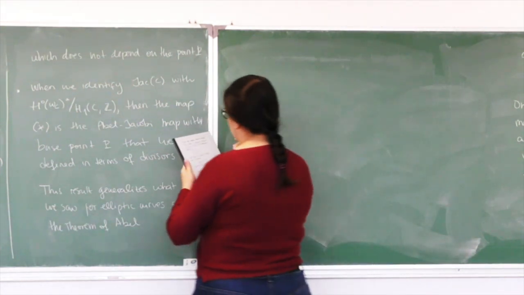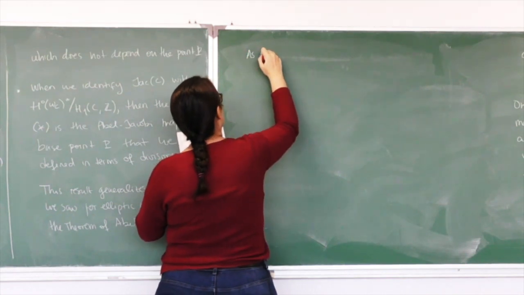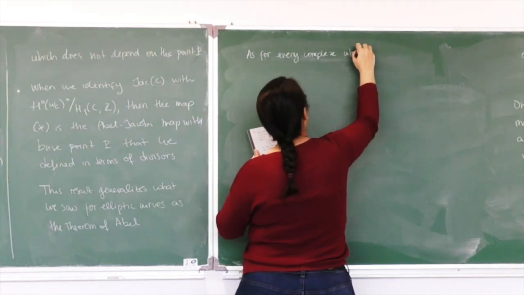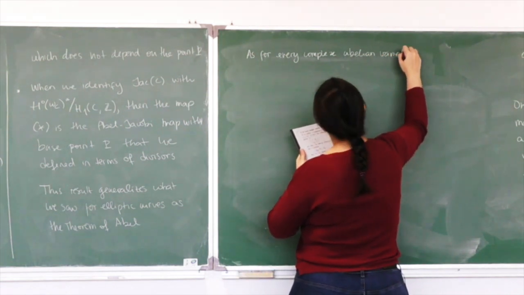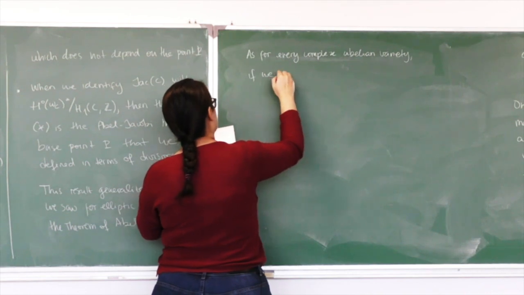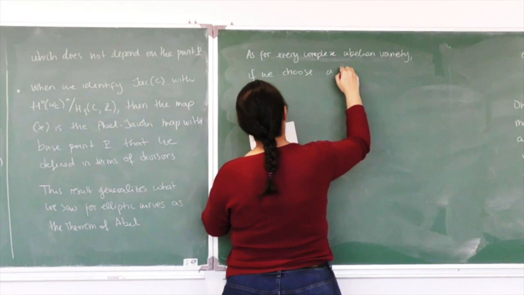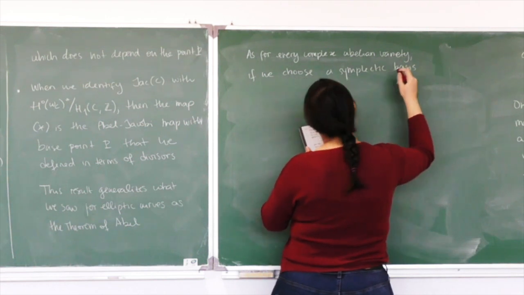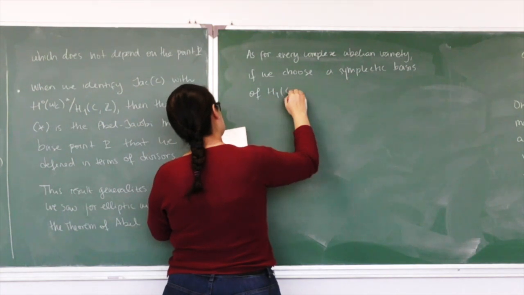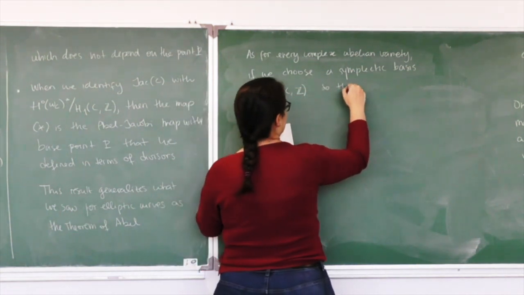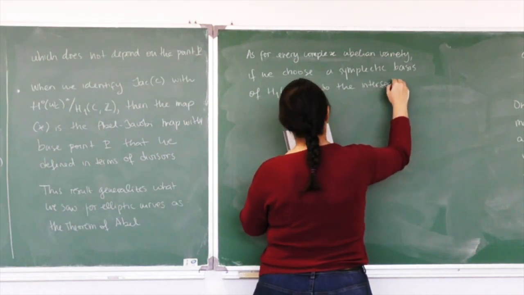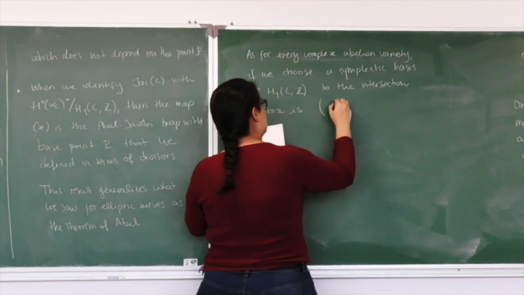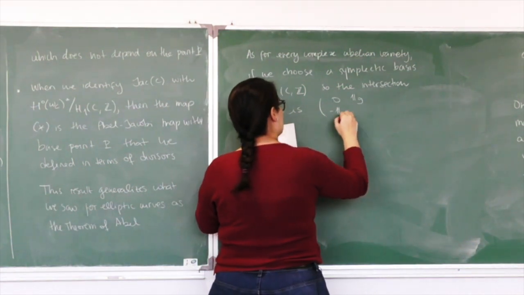So as we did for the general case of complex abelian varieties, we have that we can choose a symplectic basis of the homology, so that the intersection matrix is just the one that we wanted for such.